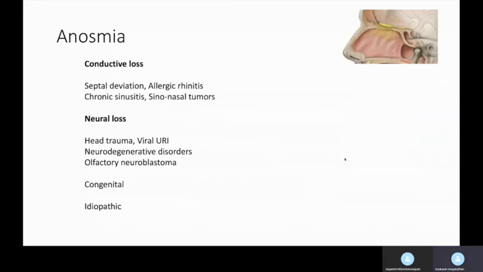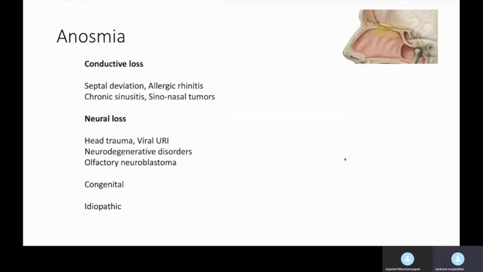If you remember, you can broadly classify them into two, like a conductive loss and a neural loss, like how we describe it for hearing loss. It's the same principle. Conductive loss means the airflow is not reaching the roof of the ethmoids where the olfactory receptors are situated.